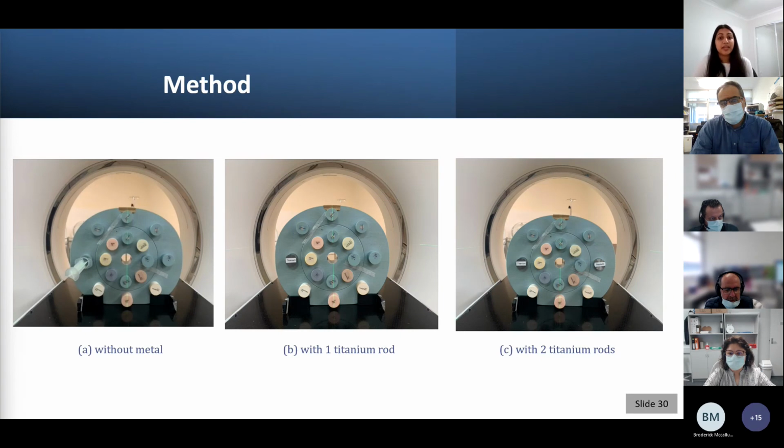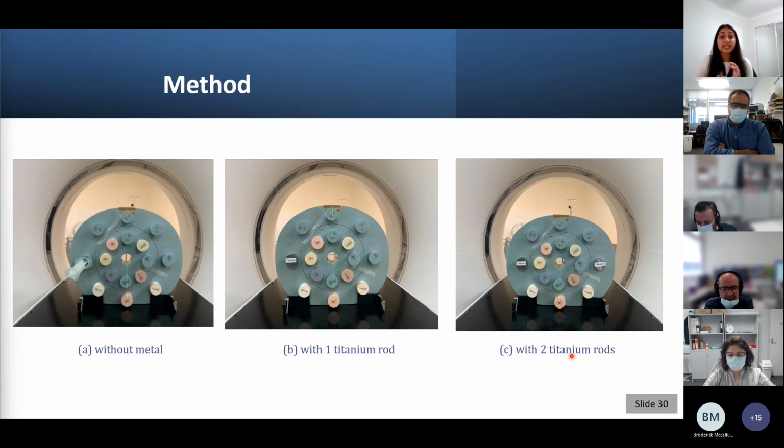So in terms of method, it was the same as that for the other 2 phantoms, but for this phantom, we had 3 scenarios: no metal insert scenario labeled A, unilateral titanium rod insert scenario B, and the bilateral titanium rod insert scenario C. And these phantoms were scanned, and using ImageJ software, the mean CT numbers were measured on 3 contiguous slices of the center region of the phantom.